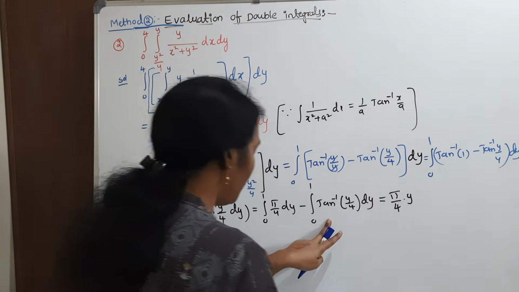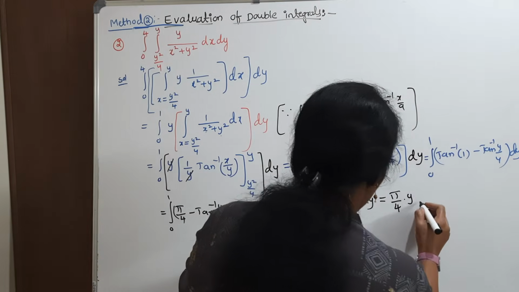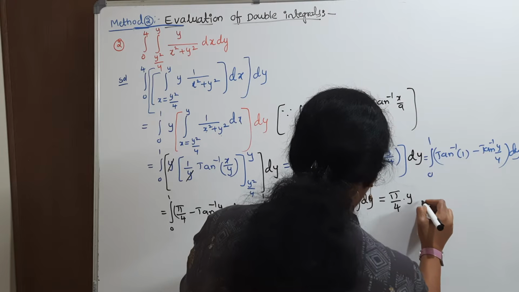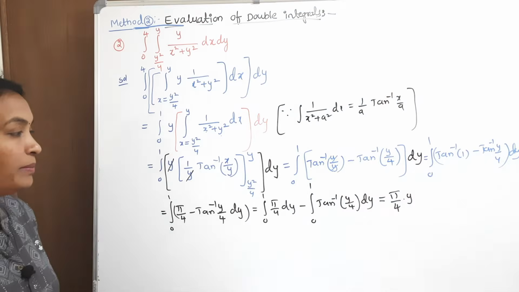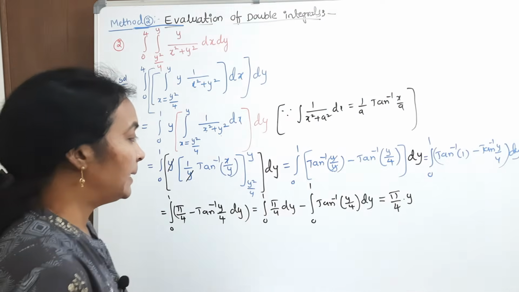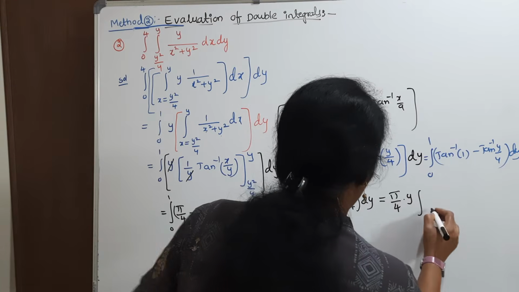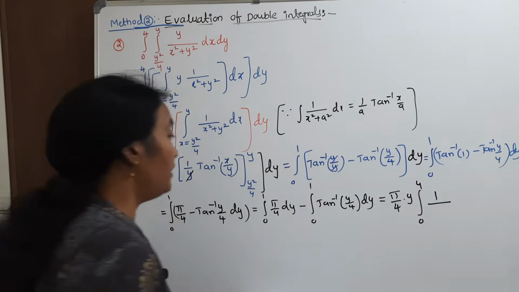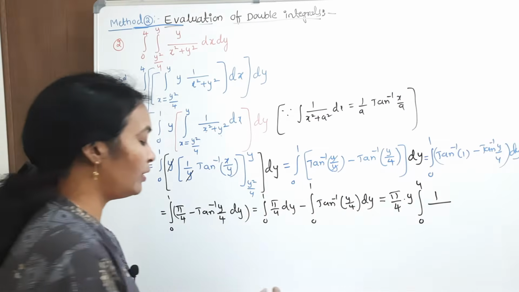For tan inverse y by 4, we use integration by parts. What do we know about tan inverse x in general form? How do I write it?